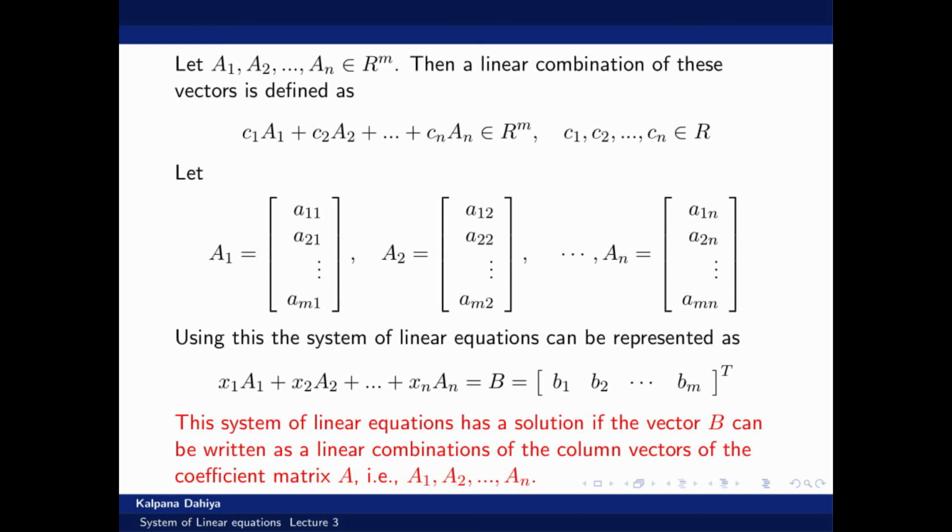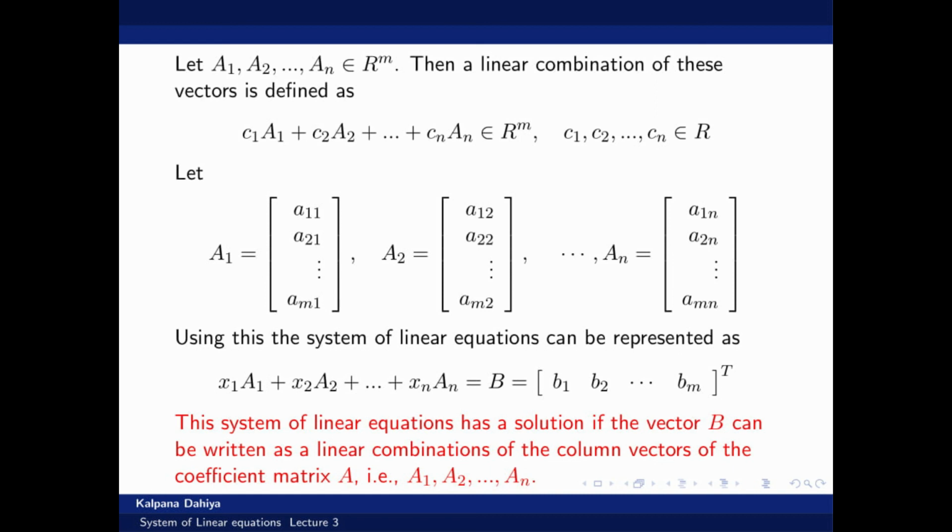Similarly, we have An as a1n, a2n up to amn. So the given system of linear equations can be represented as x1 A1 plus x2 A2 plus so on up to xn An, equal to capital B, where capital B is the vector of right hand sides, that is b1, b2, bm.